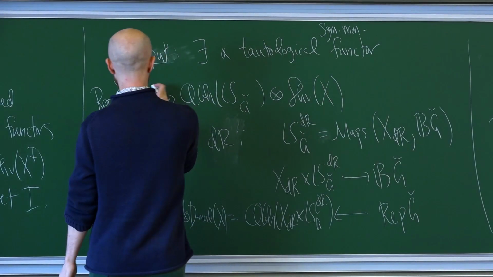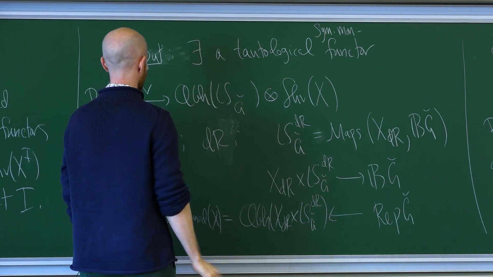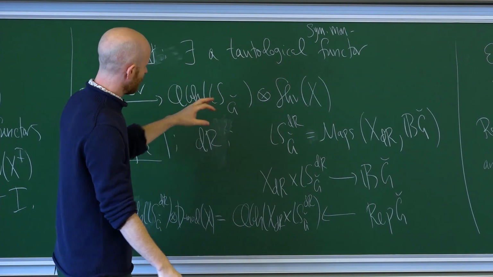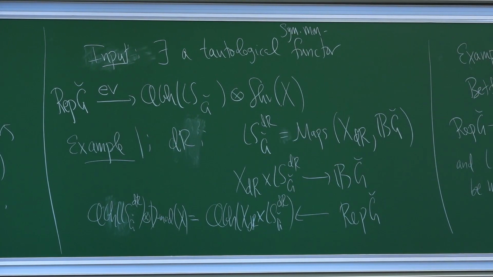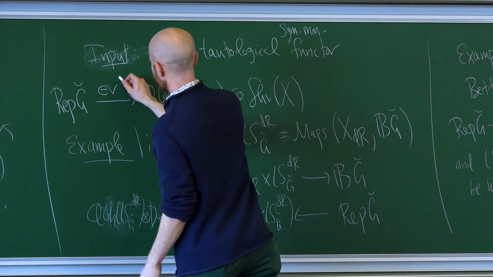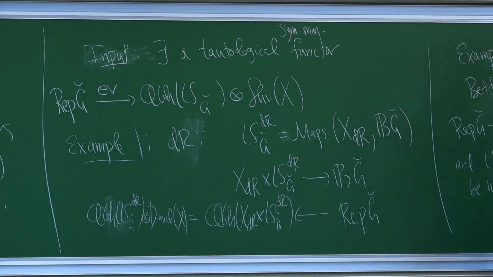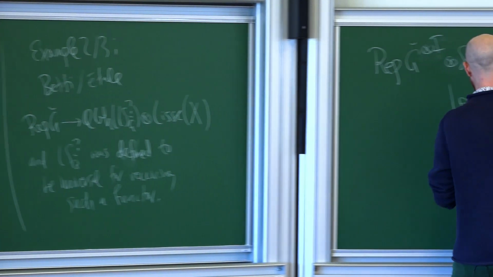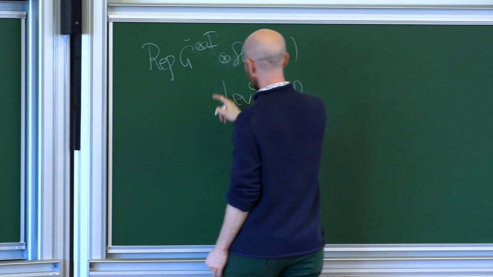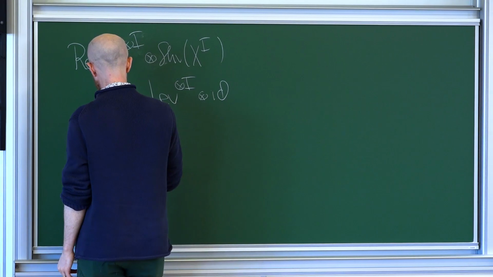Let's see, what do I want to call this? How about I'll call this the evaluation map. It's some way of forming universal evaluation bundles. So I can run this functor I many times.